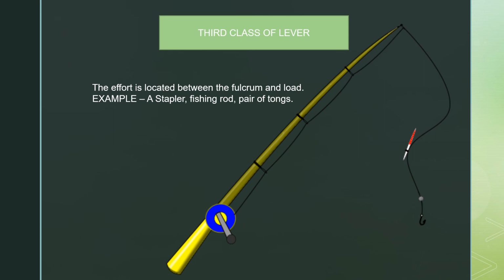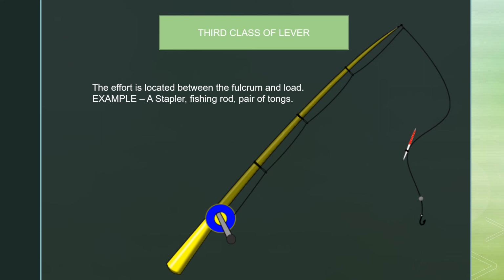This arrangement requires a large force to move the load, but it facilitates movement of the load over a long distance with a relatively small movement of the force arm. The effort is located between the fulcrum and the load in the third class of lever.